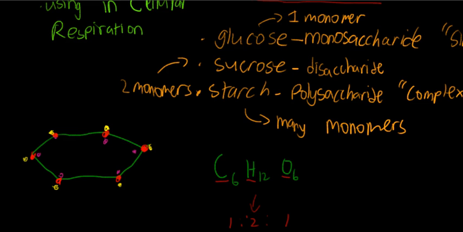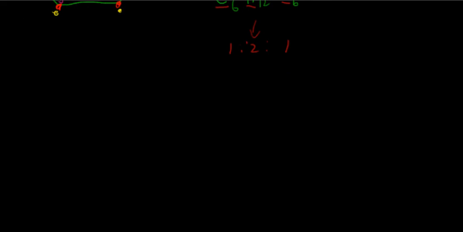The next type of macromolecule is called a lipid. We know most lipids because they're greasy. They usually come off of a food takeout bag. They're fats and oils.